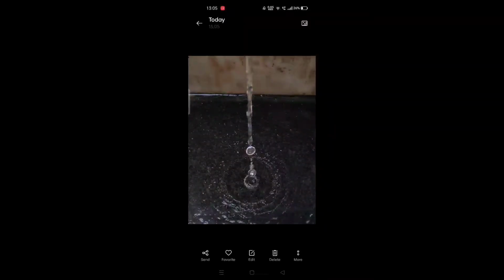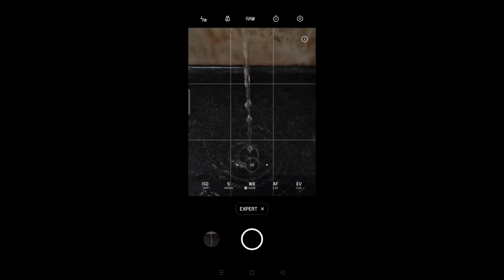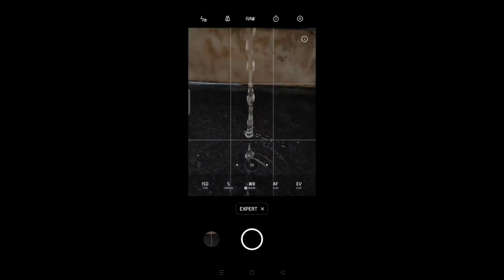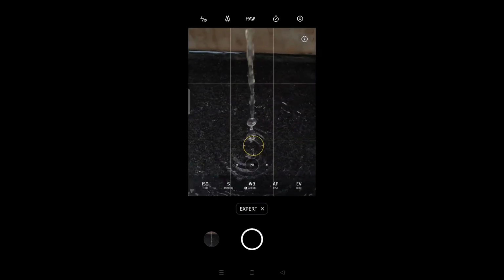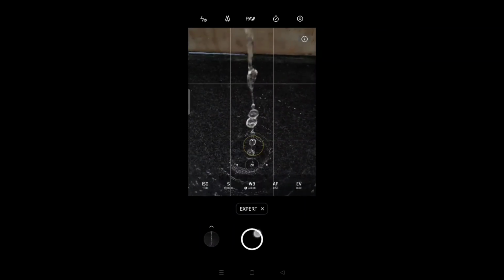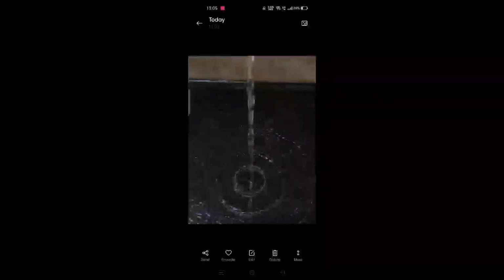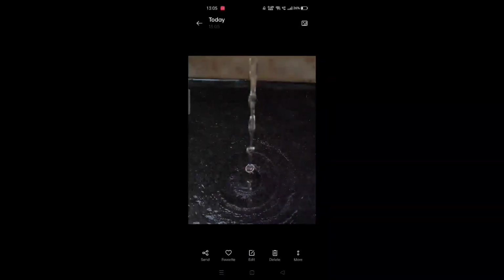So you have to take a lot of shots to get the perfect one. When we talk about fast moving objects, not only settings but timing also matters. And a point to be noted, if you want to be a good photographer, you should be very patient.